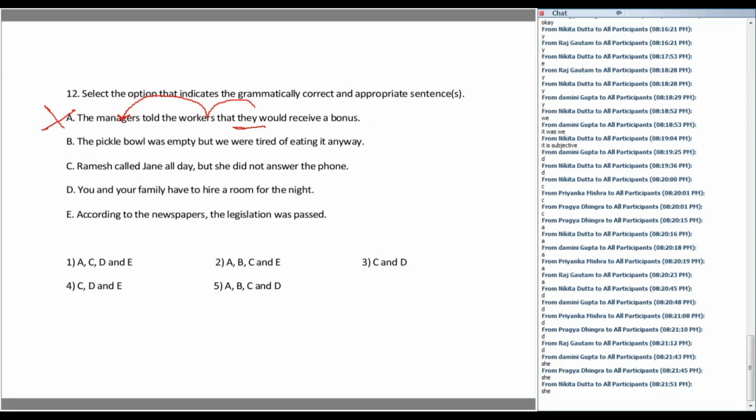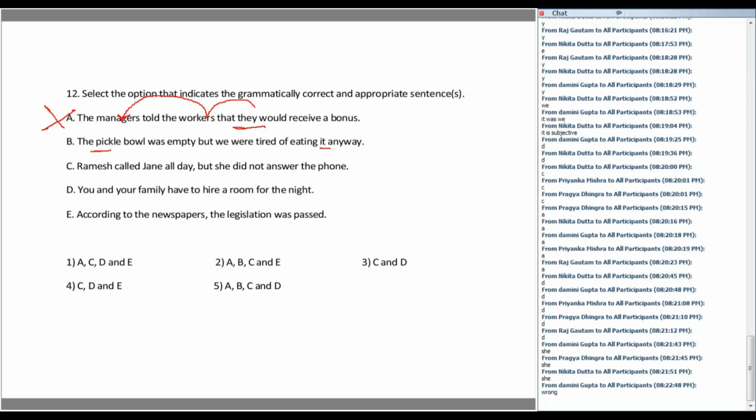The pickle bowl was empty, but we were tired of eating it anyway. How can you eat the pickle bowl? It is referring to the pickle bowl, but how can you eat the pickle bowl? Wrong. Ramesh called Jane all day, but she did not answer the phone. Correct.